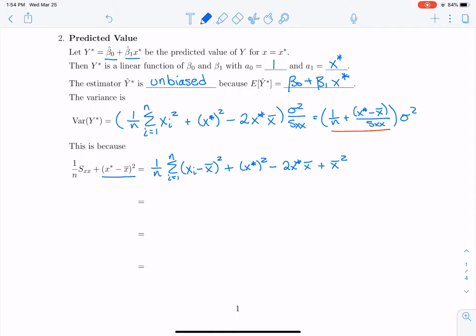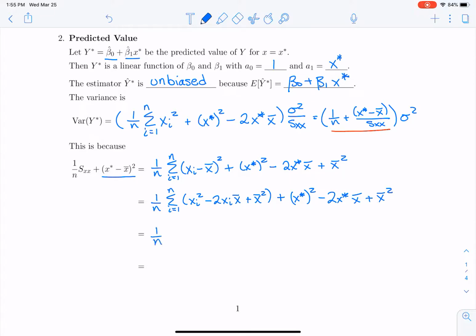In the next step, I am going to square the term that's in the sum. So it's 1 over n, sum from i equals 1 to n, of x sub i squared minus 2x sub i x bar plus x bar squared. And then the rest of the terms remain the same, plus x star squared minus 2x star x bar plus x bar squared.